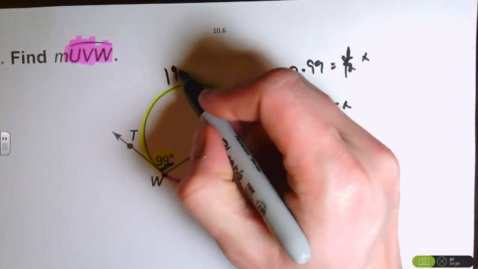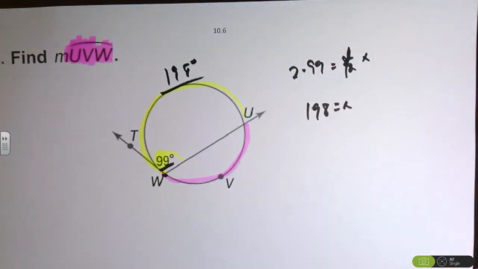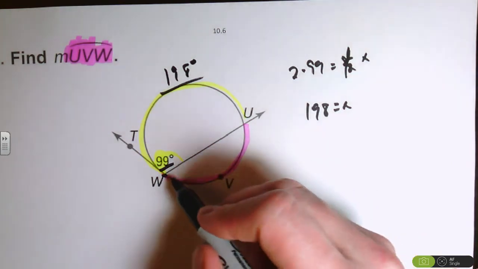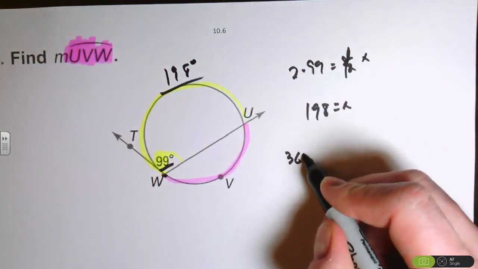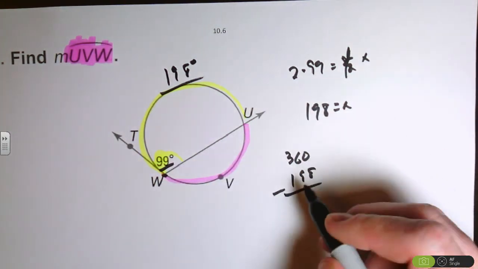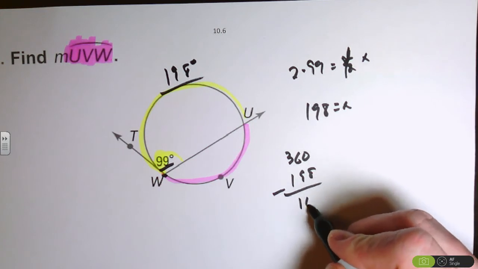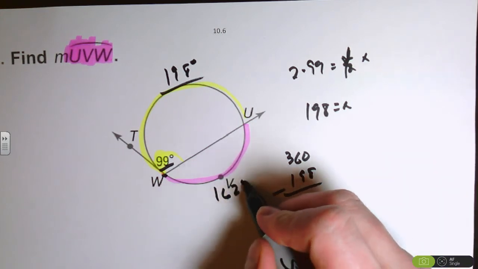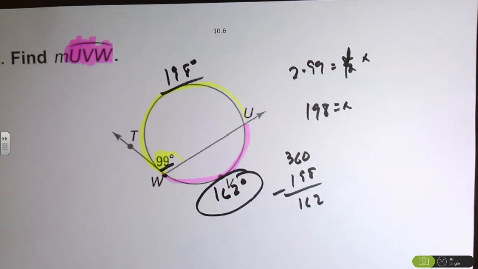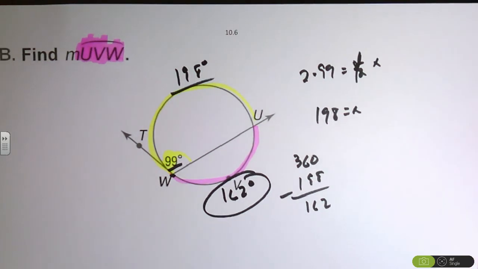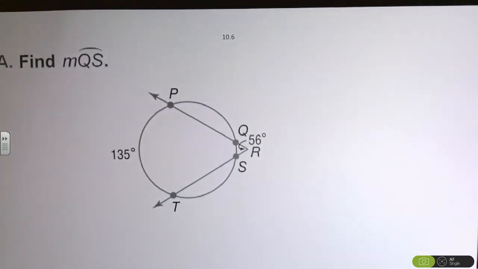So it's 198 degrees there. Well, this is the rest of that, so it's 360 minus 198, which ends up giving us 162. So that's the measure of arc UVW. All right, just moving right along. Let's see the next one.